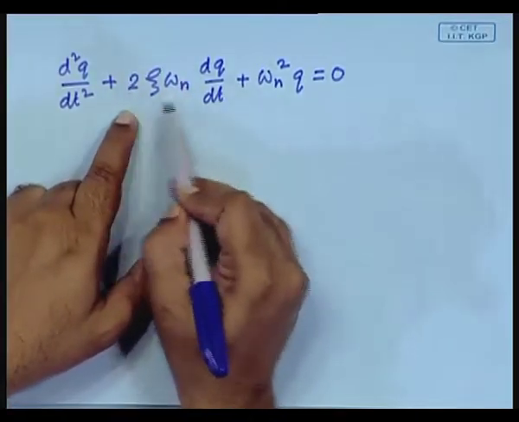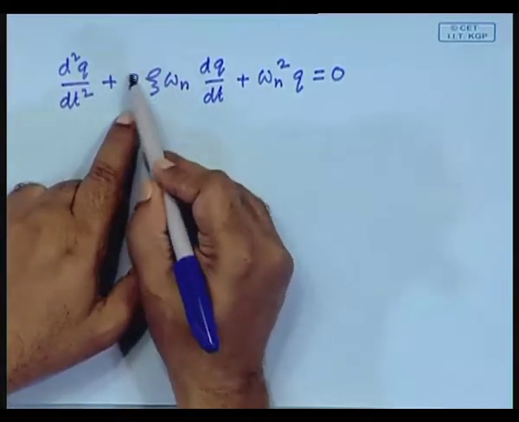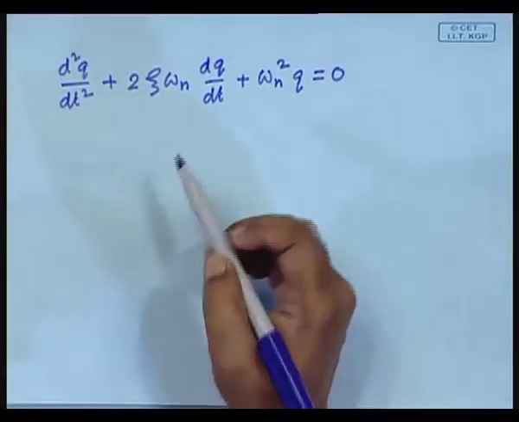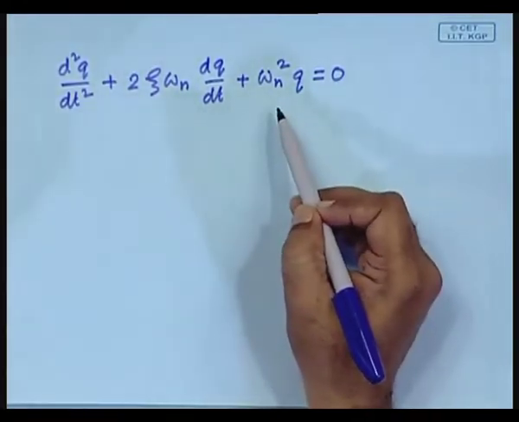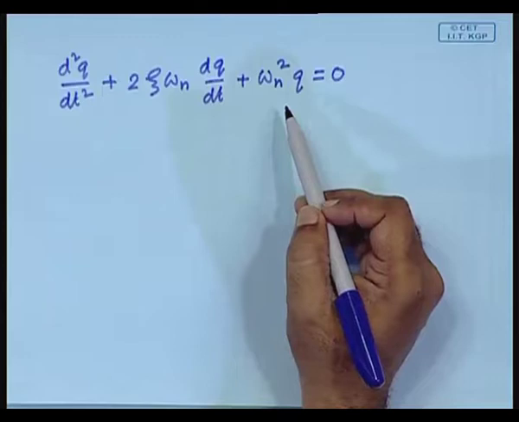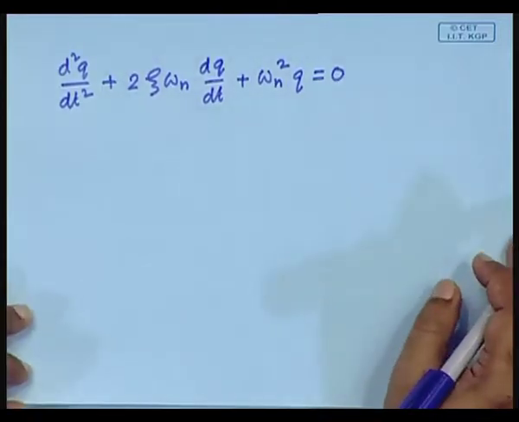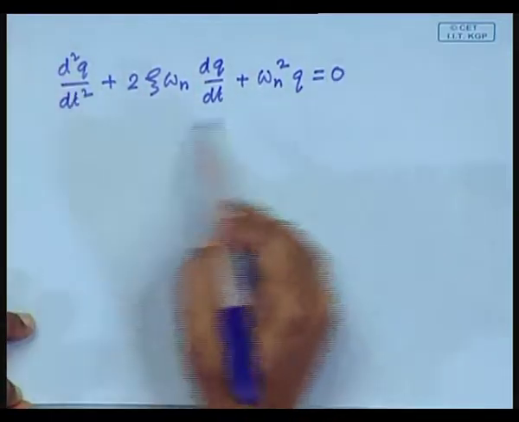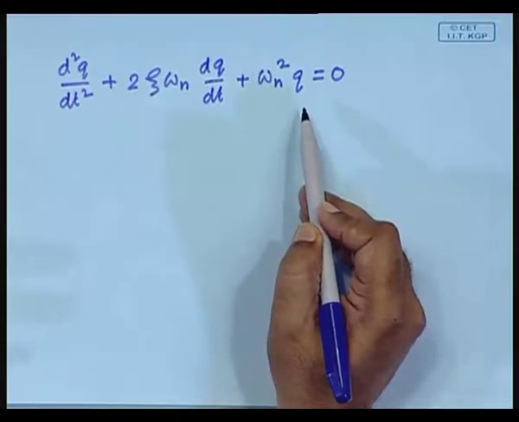Normally these are numbers, but whatever the numbers are, we express it in this form. There is a reason for it, which I will illustrate a little later. But firstly, how do you proceed to solve this kind of differential equation?